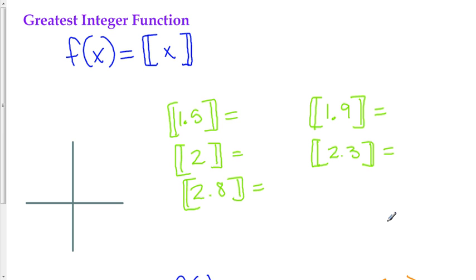Finally, there's the greatest integer function, which in this book is written with kind of a double bracket on both ends of it. In some books you'll see it this way. Other books you may see it like this.